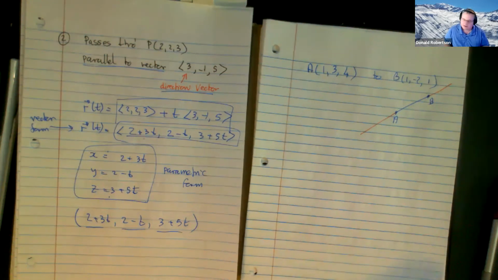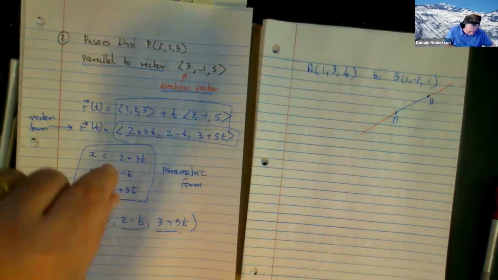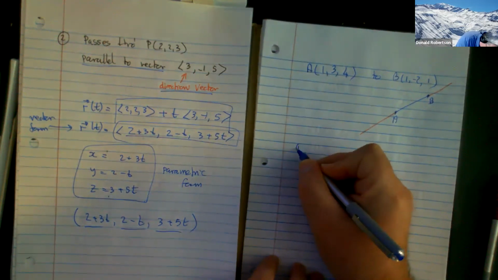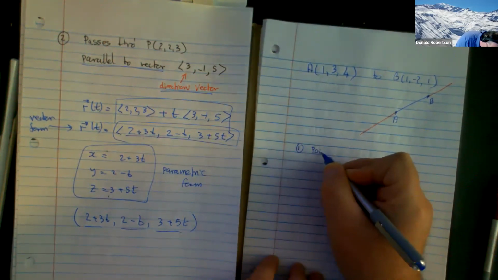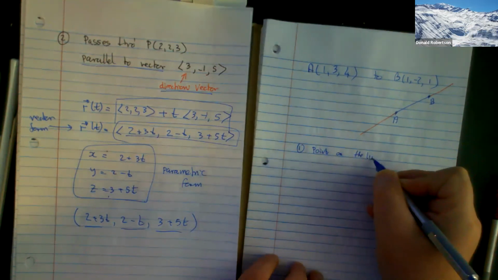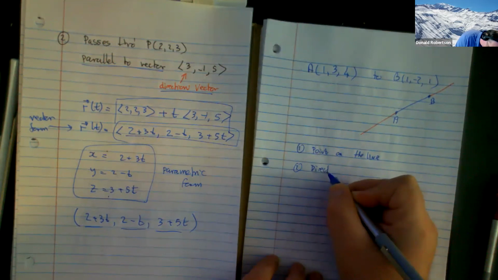Let's find the equation of that line. I don't really care if it's parametric or vector. Once you've got one, can't you turn it into the other anyway? So you can worry about which version of the answer you want after that. I need only 2 things. I need a point on the line, and I need a direction vector.